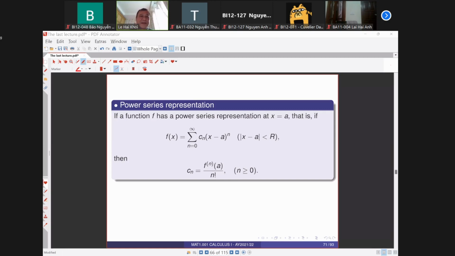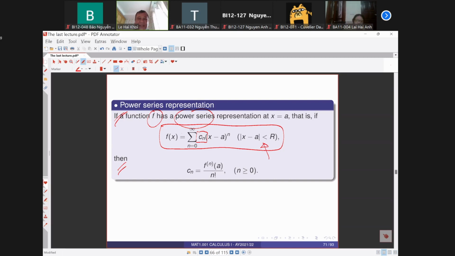If a function f has a power series representation at x equal to a, with the center at a, that is, if you have this representation of f, which is valid inside this interval, then we can determine the coefficient Cn by f(x).